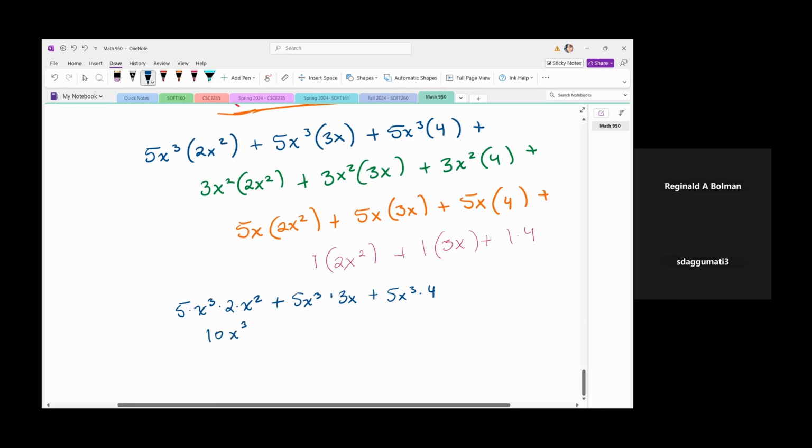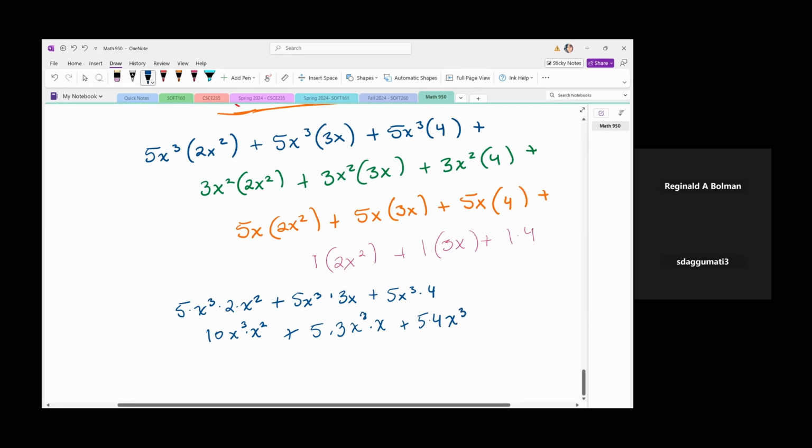You're going to have an x cubed and an x squared. If you've got 5x cubed times 3x, you've got really 5 times 3, x cubed times x. If you've got 5x cubed times 4, we've got 5 times 4 x cubed.